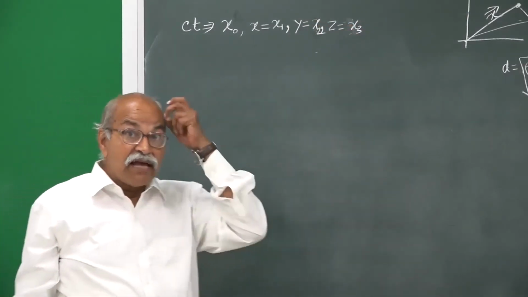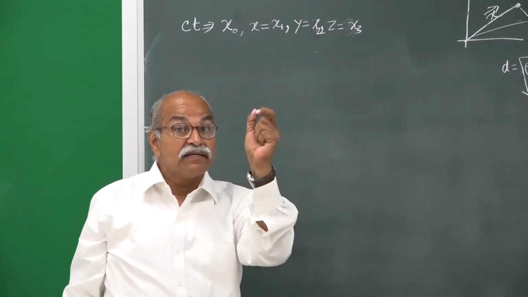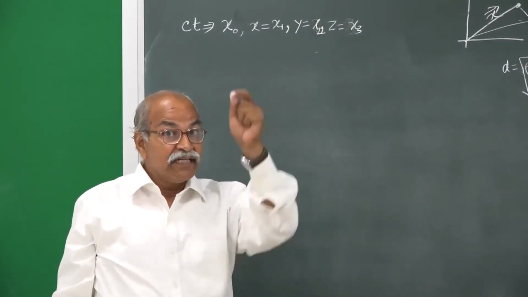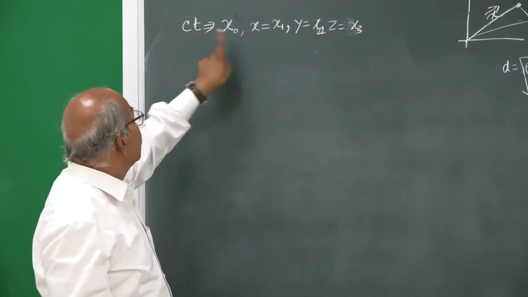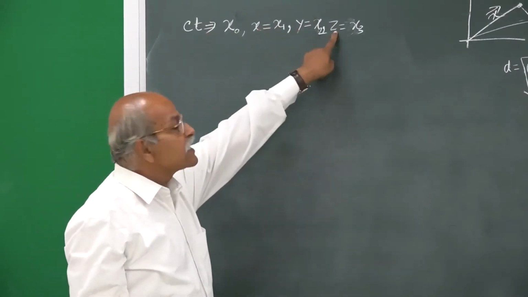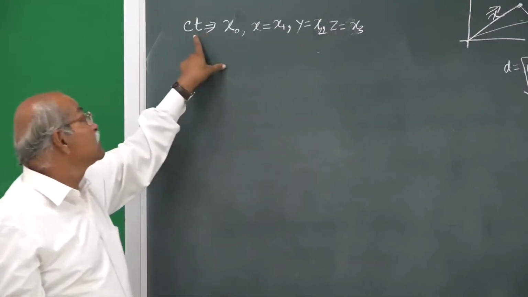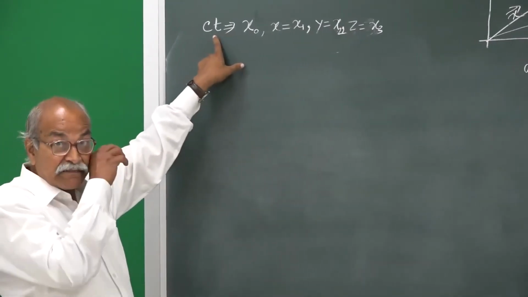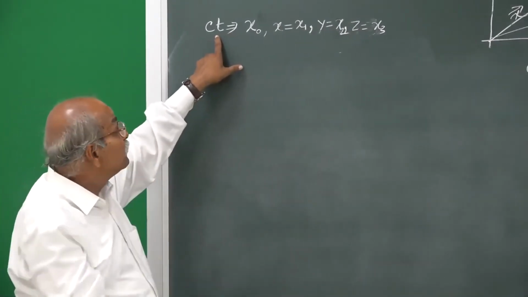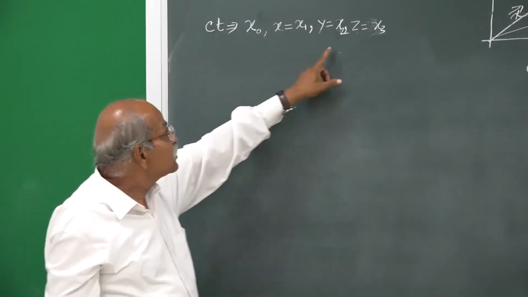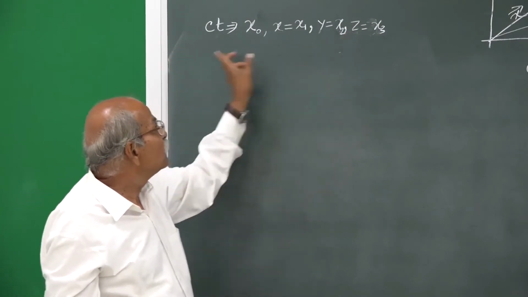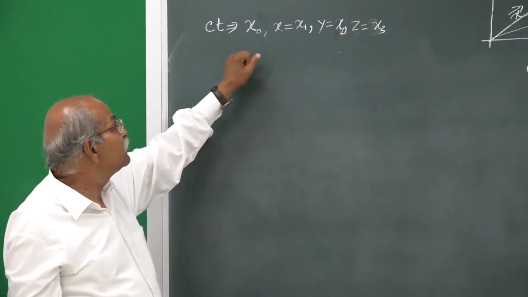Remember, I have an event in mind. There is an event in S frame, its location is x, y, z, its timing is t in S frame, and corresponding to that event and these space coordinates and this time coordinate, we are defining these symbols.